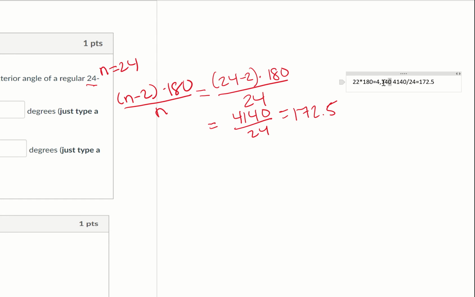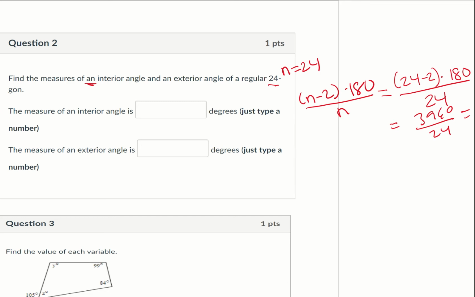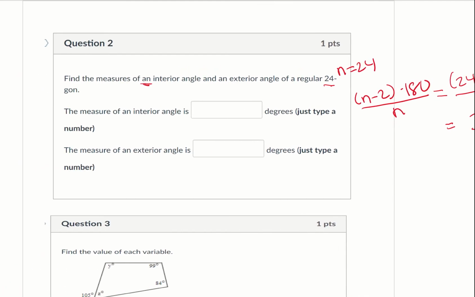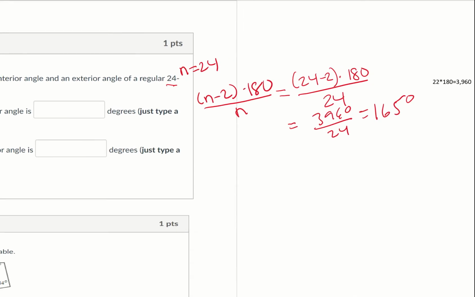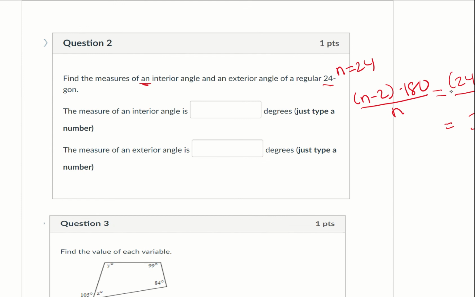So let's change that number. It's 3960. Then divide by 24. And that gives us a nice whole number of 165. So each of the angles in a 24-sided polygon measures 165 degrees.